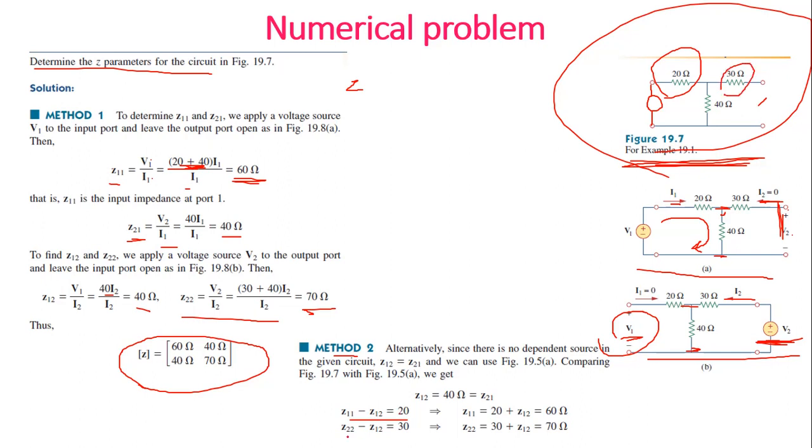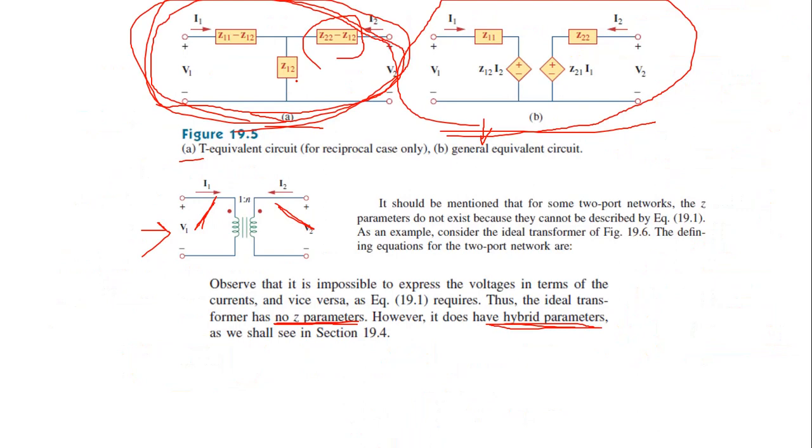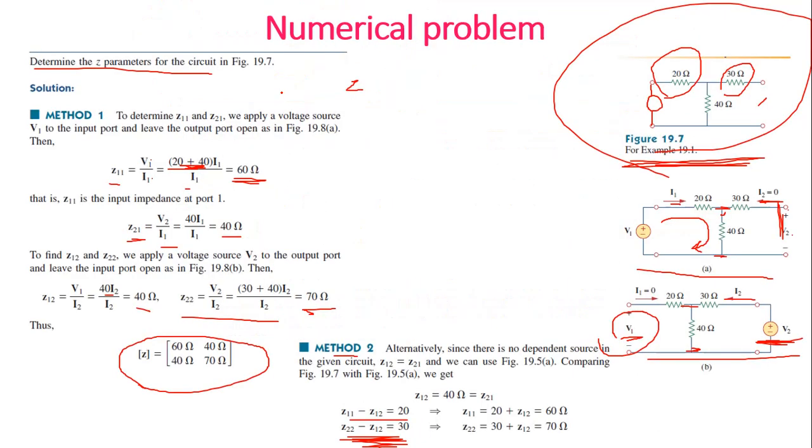That is what is written here: Z22 minus Z12 is equal to 30. Now here Z12 is equal to what is given, 40 ohms. If the circuit is reciprocal, we know that Z12 is equal to Z21. So substitute the values and we can determine all the Z parameters.